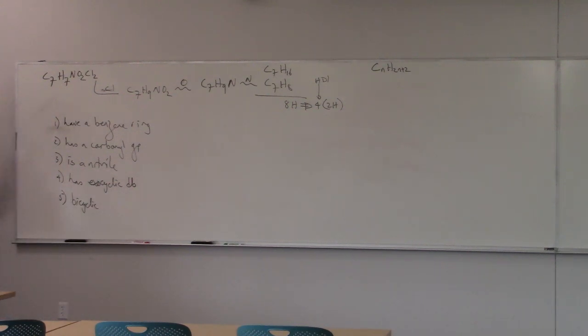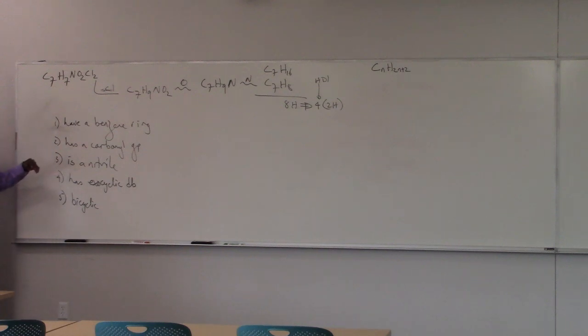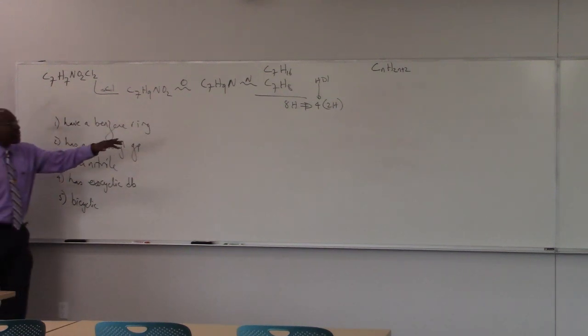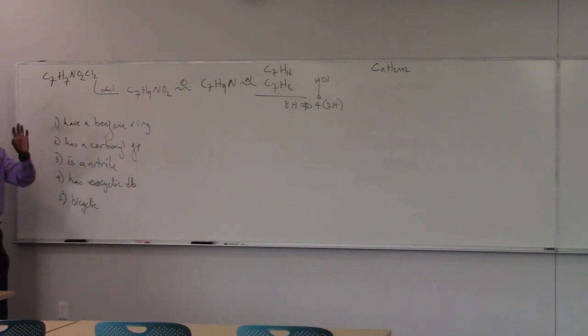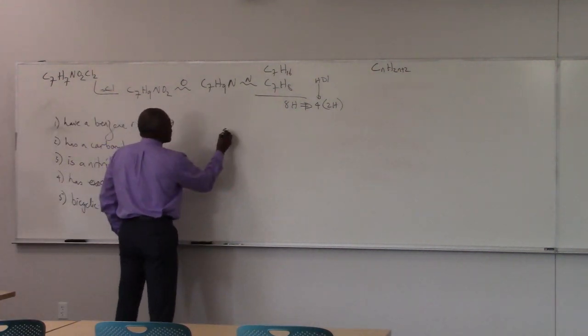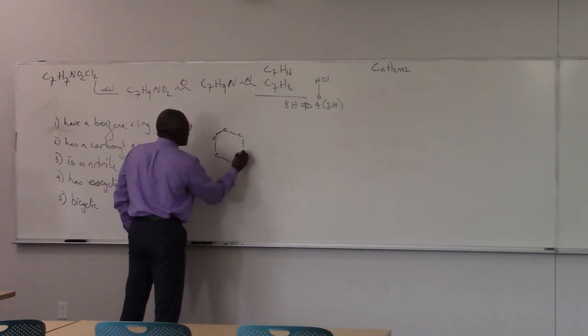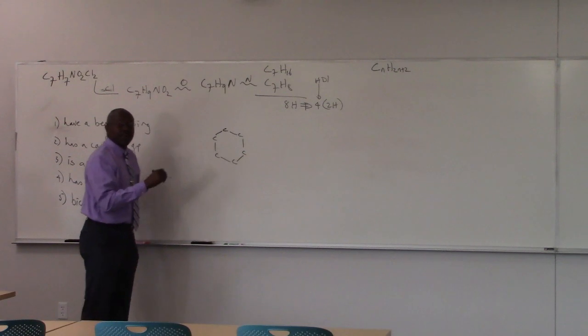And what will happen very often on the exam is that I will tell you, draw isomers that have particular units in them. So part of it tests the skill, but also your recall of certain features, certain groups. So the benzene ring, if you remember, is a 6-membered ring of carbons that has alternating single and double bonds.